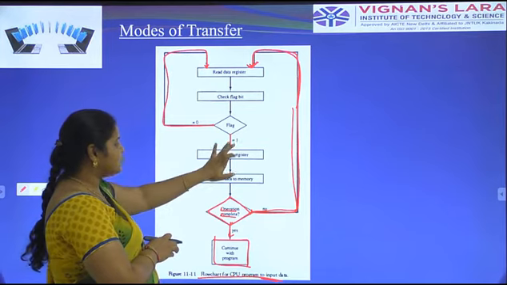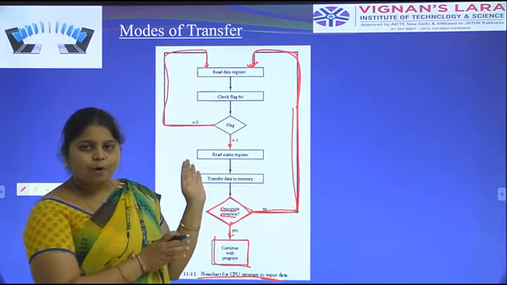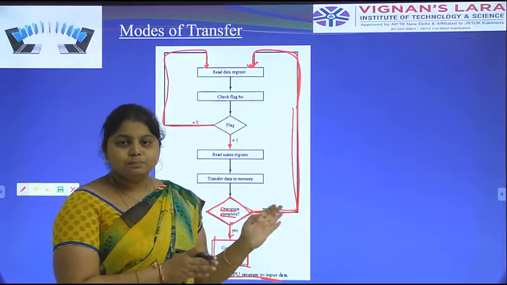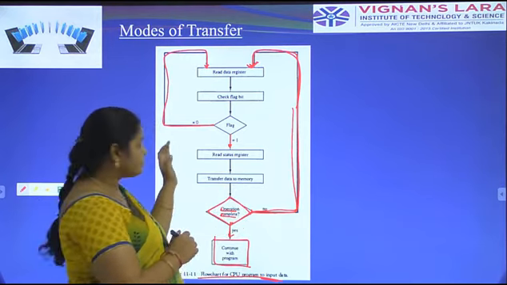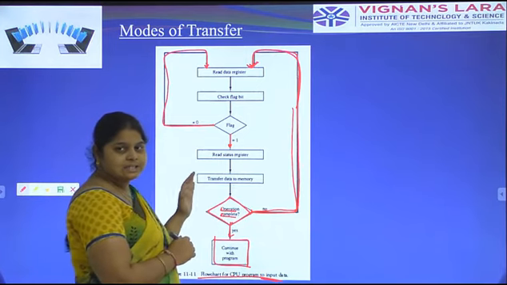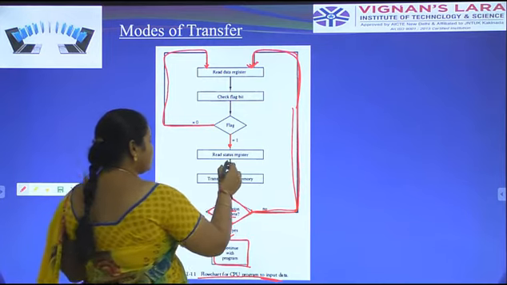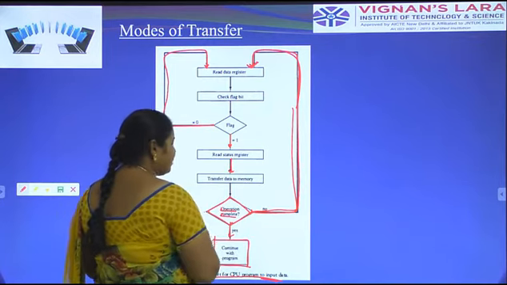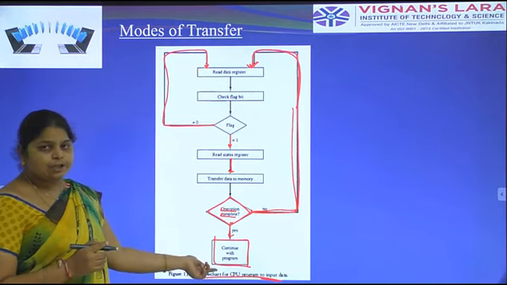If the flag bit is 1, read the status register. The status register is informed which type of data is present in the data register, and then the data is transferred to the memory, and the operation is completed. Here, continue with the program.